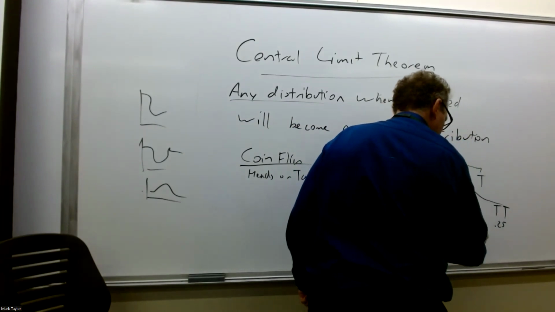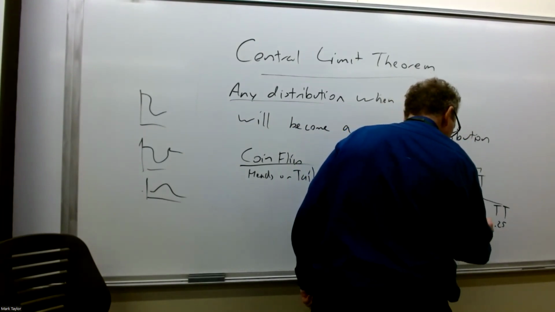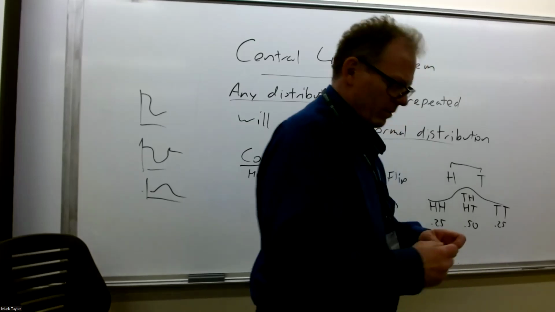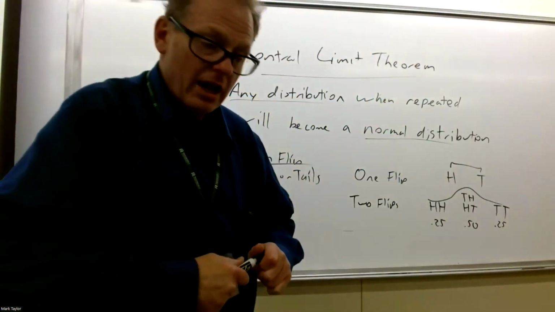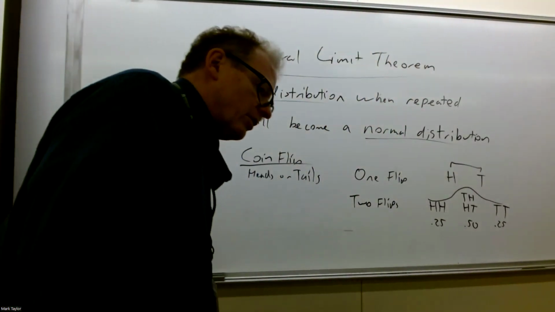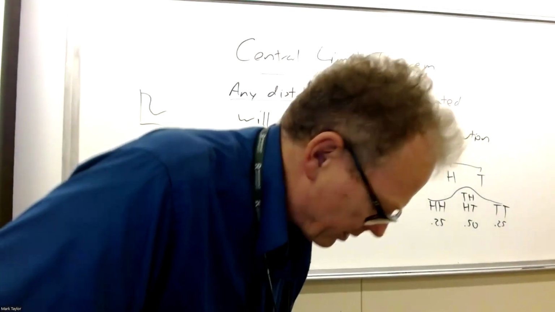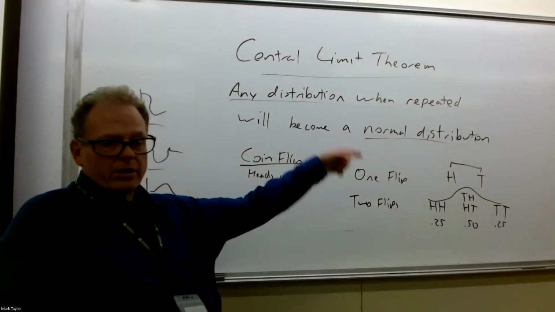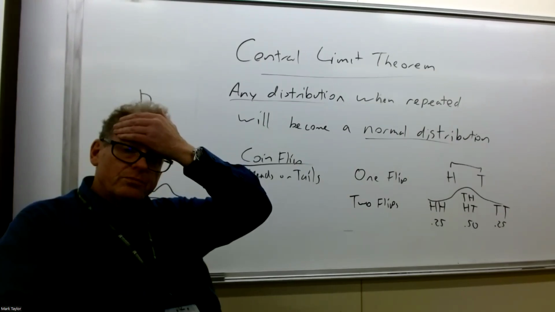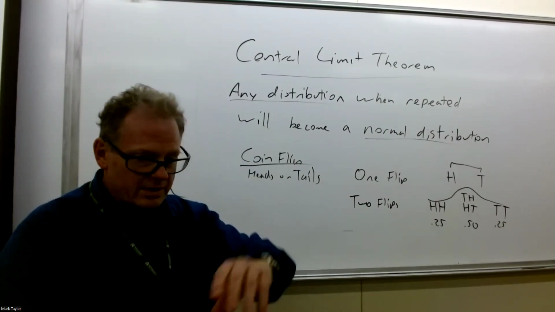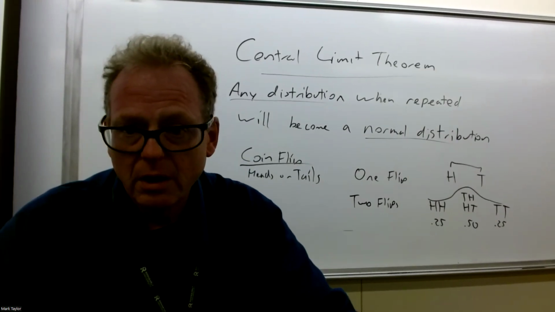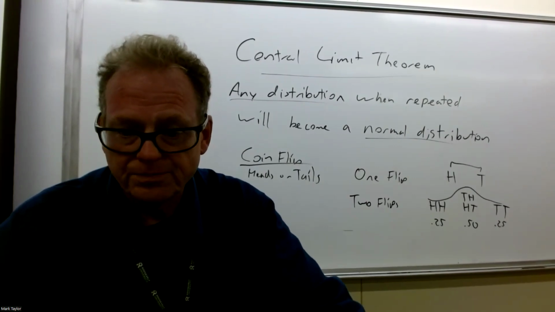Each of these is a 25% chance. So this will be a 50% chance. And you automatically start coming up with that normal distribution. And so when you actually pick your sample size and all that, you're going to use the normal distribution, which again is a lot easier to use than the binomial one.